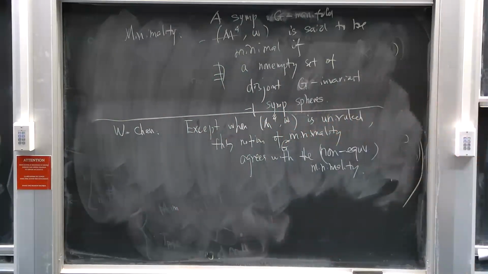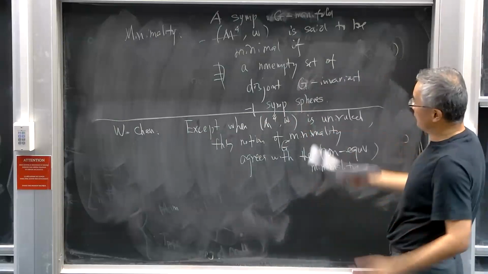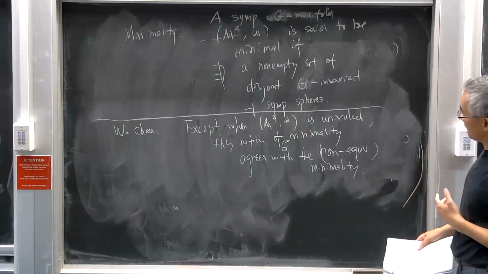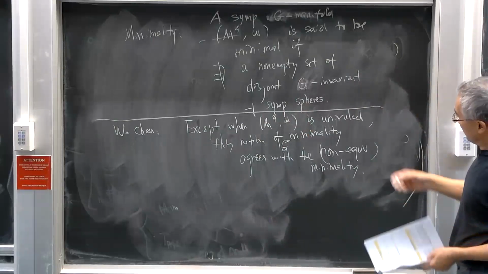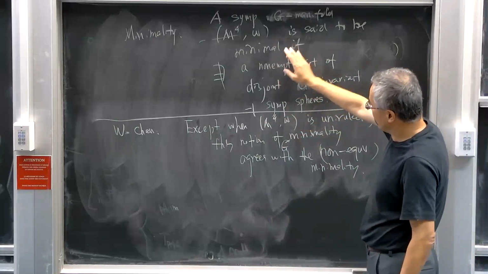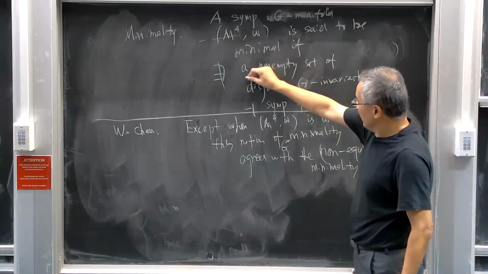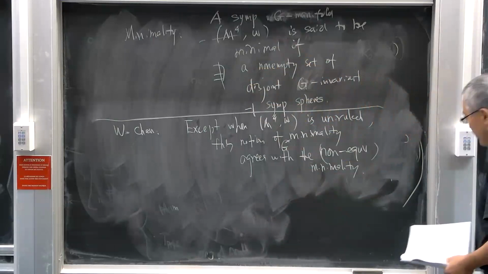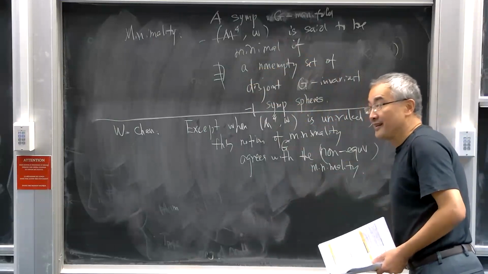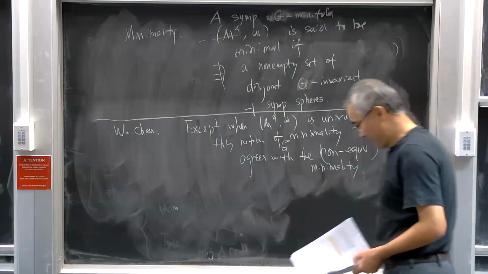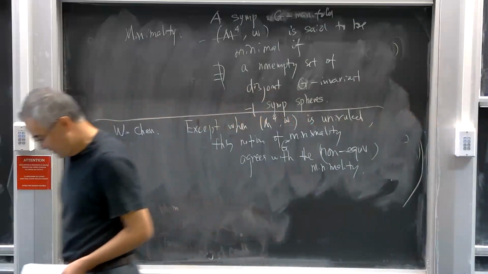But particularly for rational surfaces, you could have a non-minimal rational surface with a G action where you don't have such a destruction.